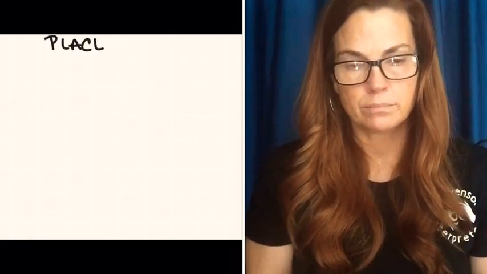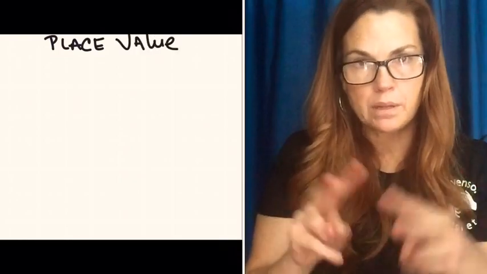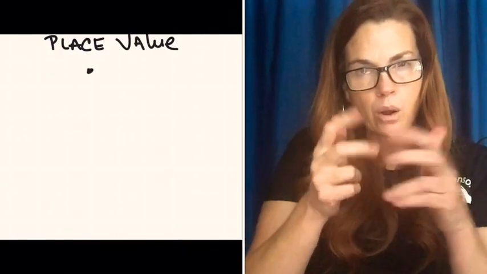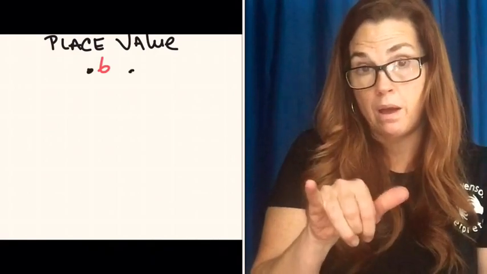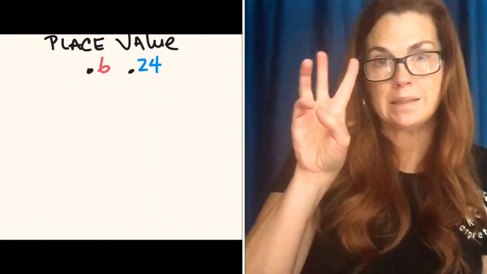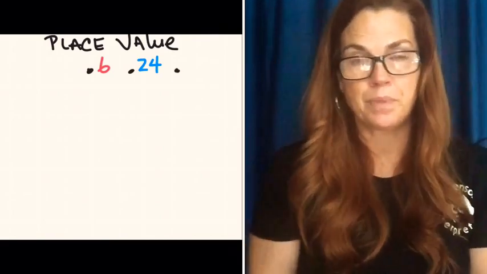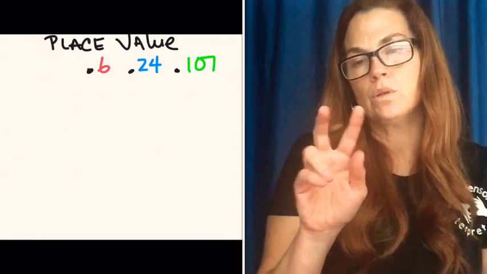Most important thing, place value. I need to be able to read it correctly. I need to be able to recognize that this decimal is 6/10, and that this one is 24 hundredths, and that this one is 107 thousandths.